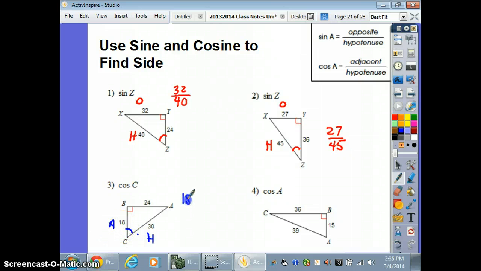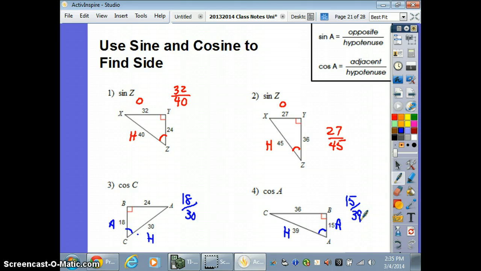So it's 18 over 30. The next one, cosine of A. I'll pause a minute and let you do it. This is the hypotenuse, and the adjacent side is the 15 next to the angle. So it'd be 15 over 39.